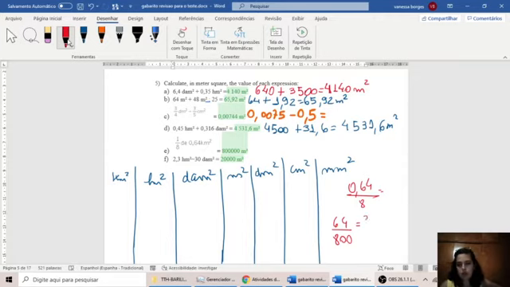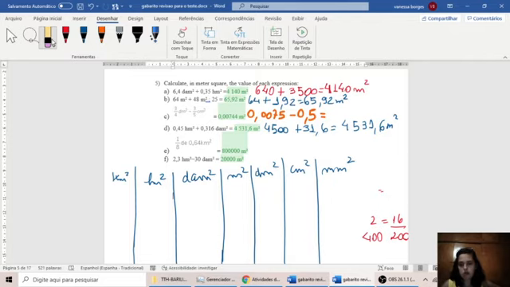So if I simplify by 2, I get this fraction. Simplifying by 2 again, I have this one, and simplify by 2 again, I have this one. So it's 8 over 100, right? 8 over 100. So it's the same as 0.08 kilometers square.